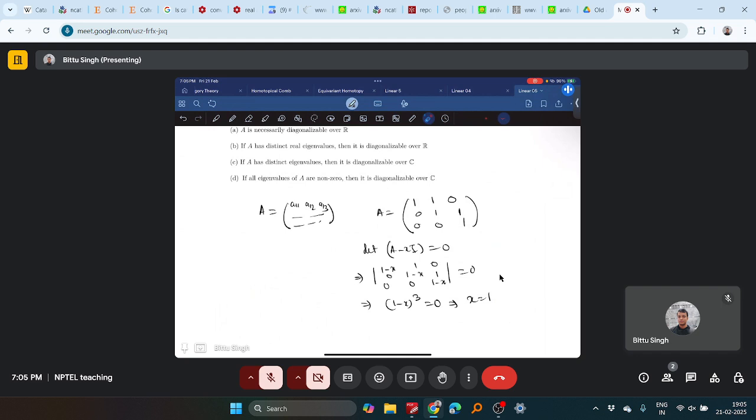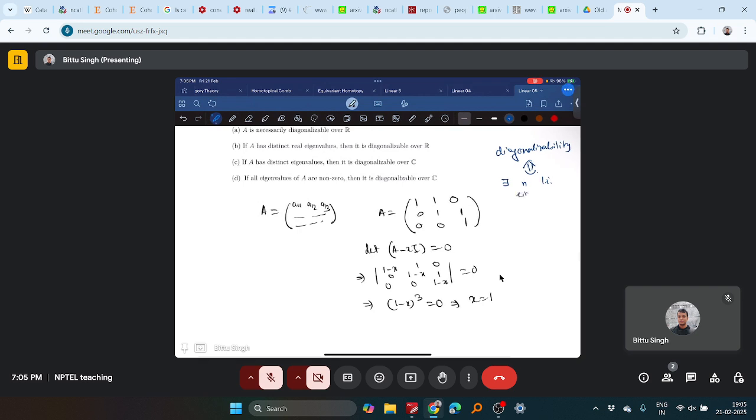If A is diagonalizable, then we need 3 linearly independent eigenvectors. We have already seen that diagonalizability depends on whether there exist n linearly independent eigenvectors.